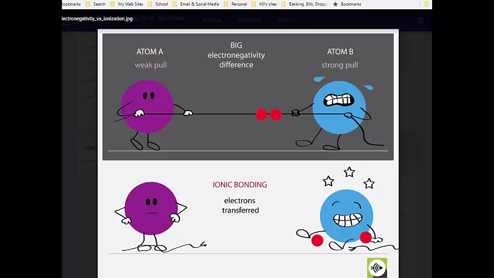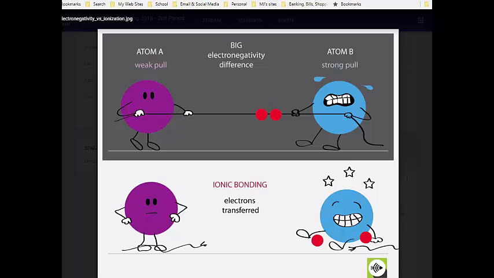I explained that when you put metals and nonmetals together, and we're looking at the dividing line between metals and nonmetals, metals tend to give up electrons to nonmetals, and nonmetals tend to share electrons with other nonmetals in a covalent bond. Well, this little cartoon is hopefully helping you understand a little about what's going on with the next three patterns.